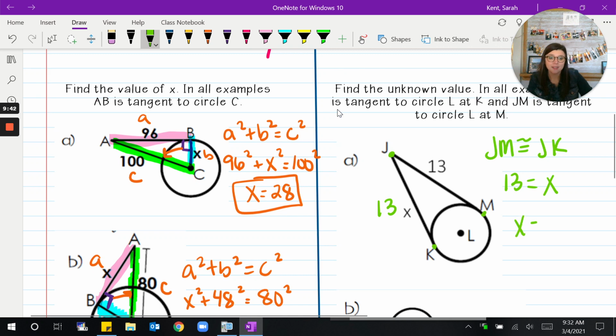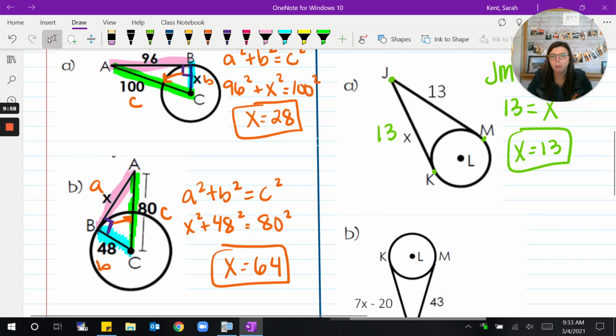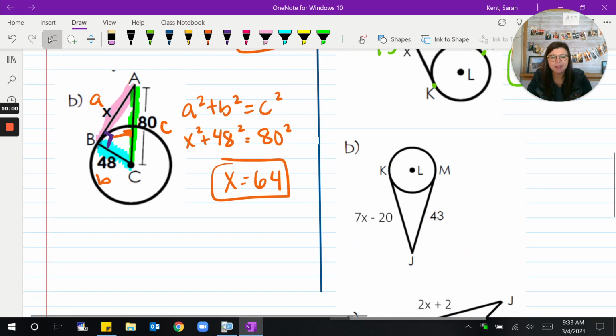So here, X equals 13. That's all this one says, is that those two tangent lines with the shared point are the same. They're equal. So it could be a little bit more complicated, not really, but just by adding more numbers.